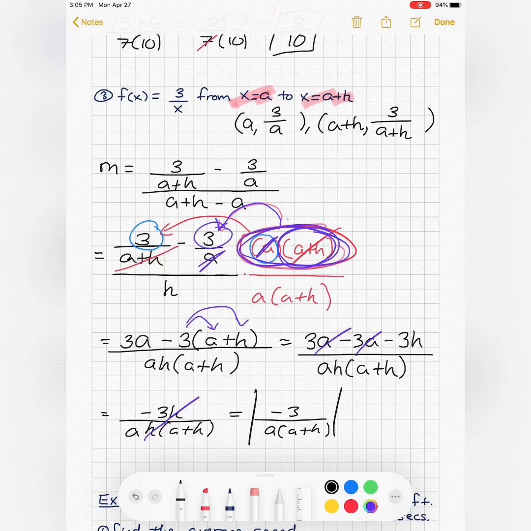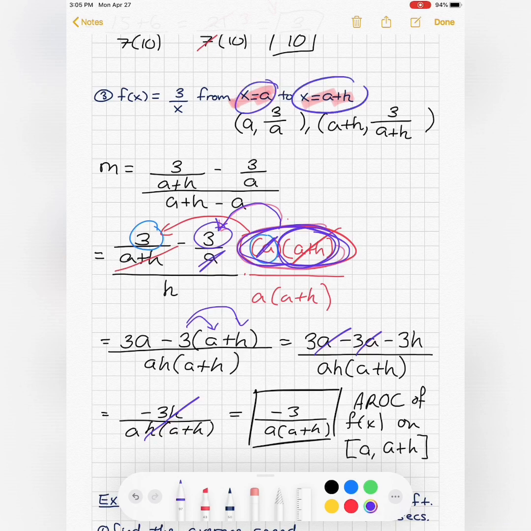So there's my simplified average rate of change of f of x on that interval. Okay? And so you notice there that I have variables in the answer, but that makes sense because you see how I plugged variables in for the endpoints. It would make sense that my answer there would have variables in it.